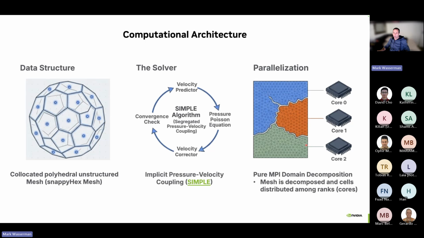But basically, keep in mind that the parallelism is purely MPI, which means that even if core 0, 1, and 2 sit in the same node, and they have access to the same shared memory, in terms of the execution of the software, each of them runs its own process and has exclusive access only to its own memory, such that any communication at the interfaces between the cores has to go through message passing, and there is no optimization for shared memory.